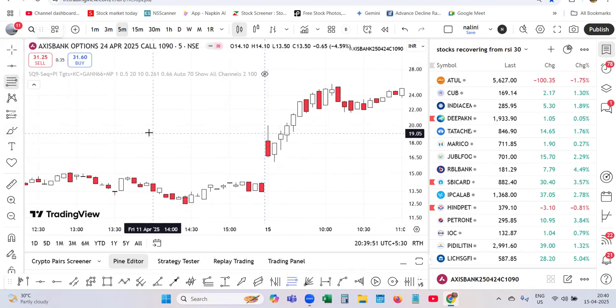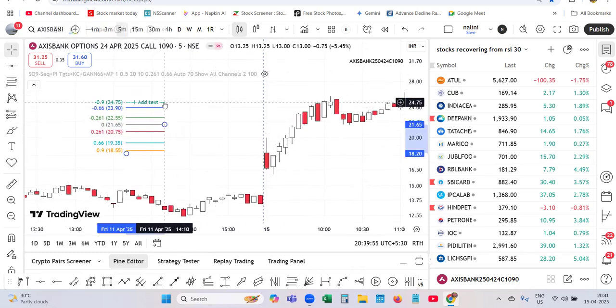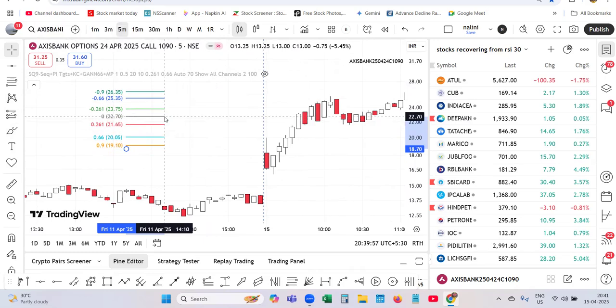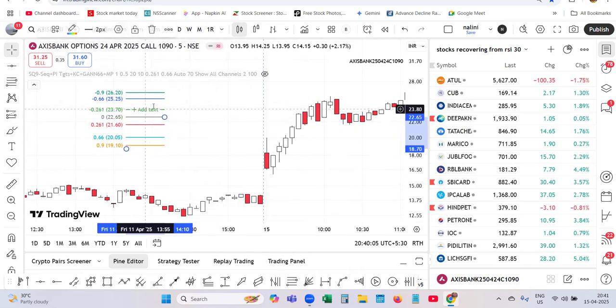For that, here what I've done is I've tweaked the FIB tool. I'll show you how to do that. Let me go to the FIB tool, go to the settings.